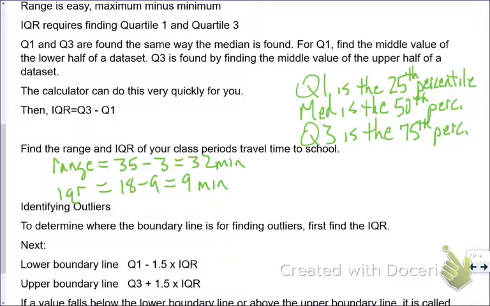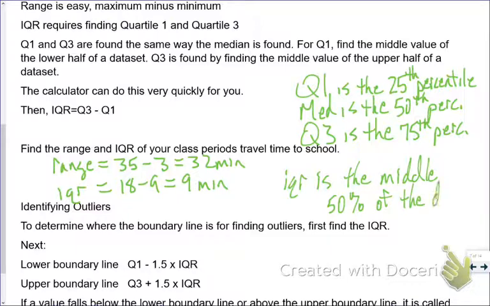And Q3 is the 75th, which naturally means the IQR is the middle 50% of the distribution, which then implies IQR is not affected by outliers, because outliers are like your mins and your maxes or other numbers close to those.